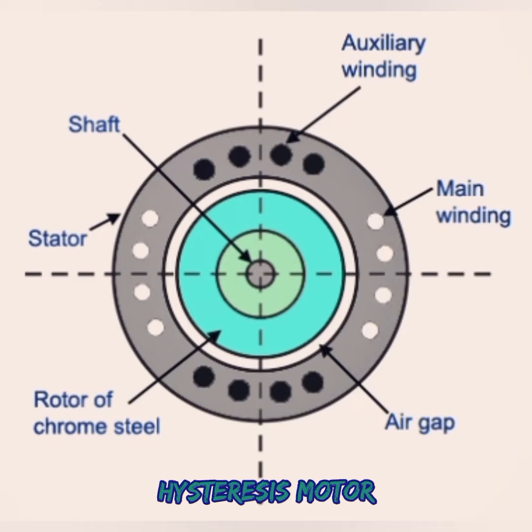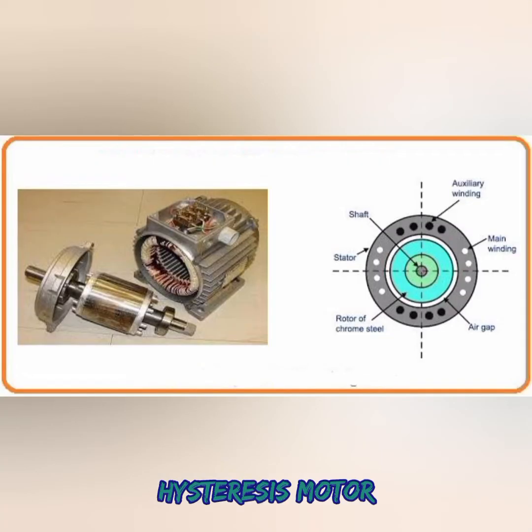We have also the air gap, which is responsible for producing the magnetic field. Then the shaft and the bearings are in between in order to carry out the connections and operations. This is the total structure of your hysteresis motor.